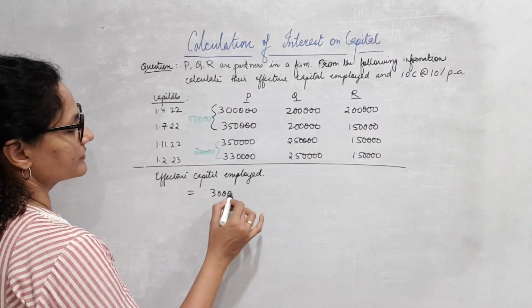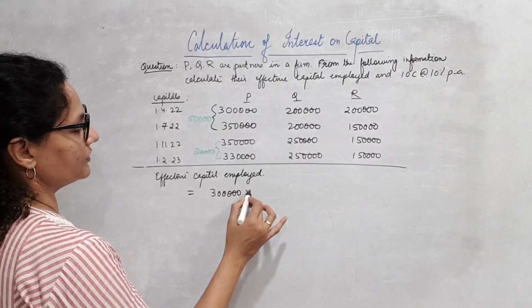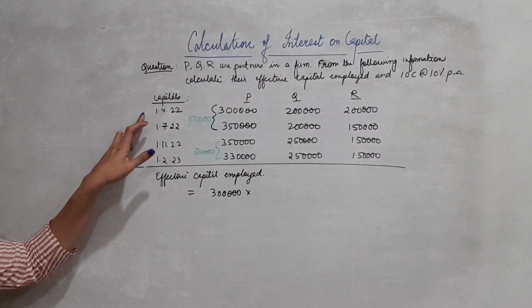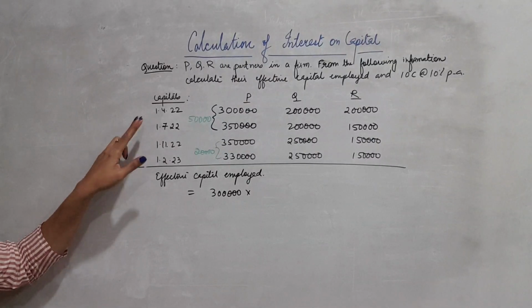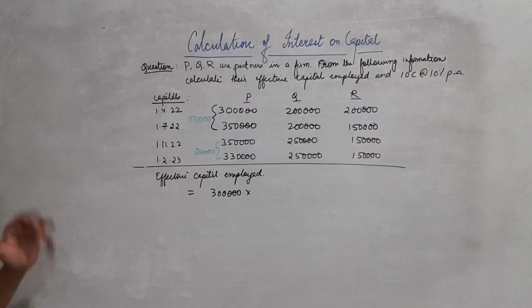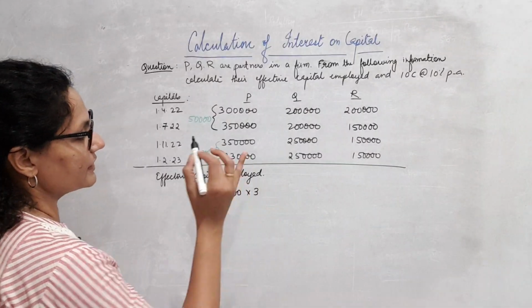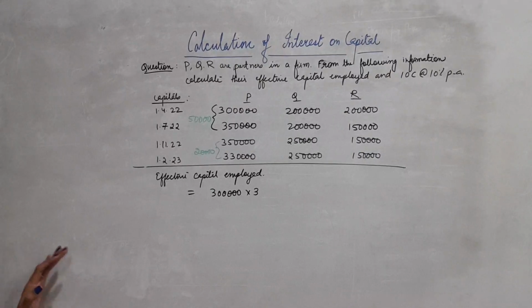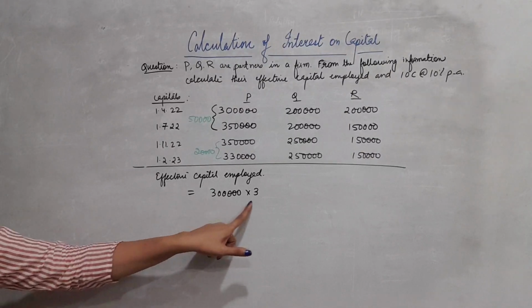3 lakhs was there constantly from 1st April till 1st of July, meaning April, May, June, 3 months. For 3 months, I just multiply with 3, nothing else, no by 12 or anything.